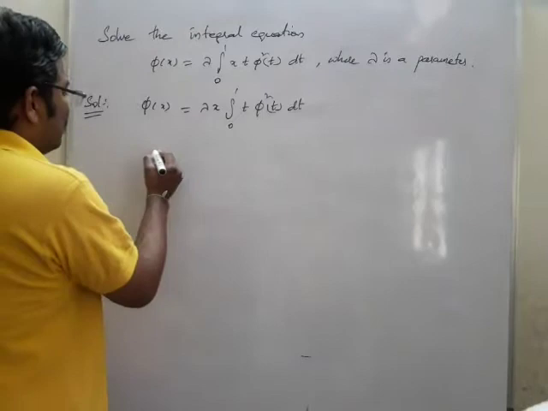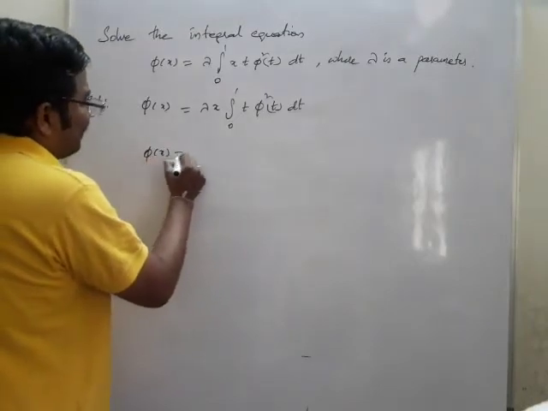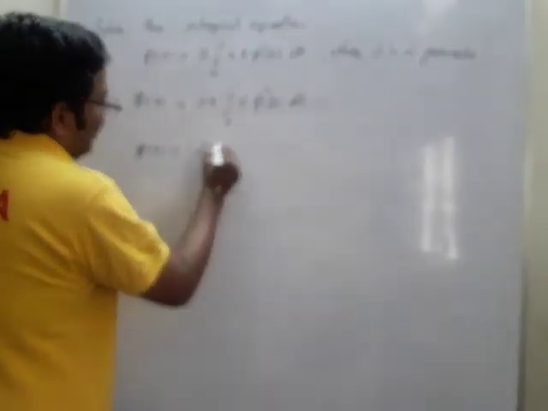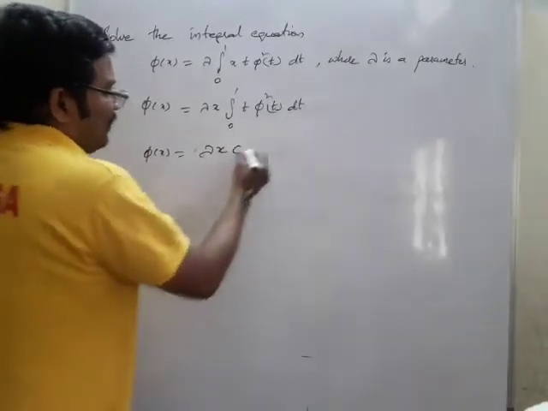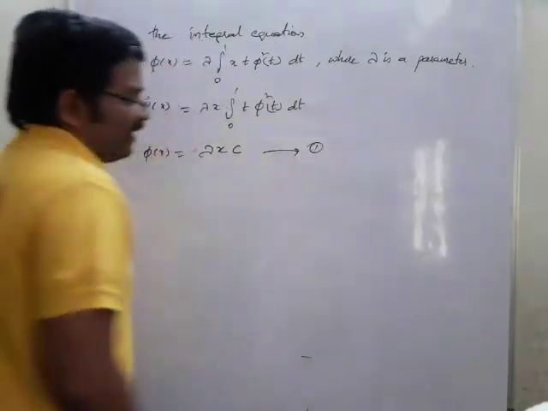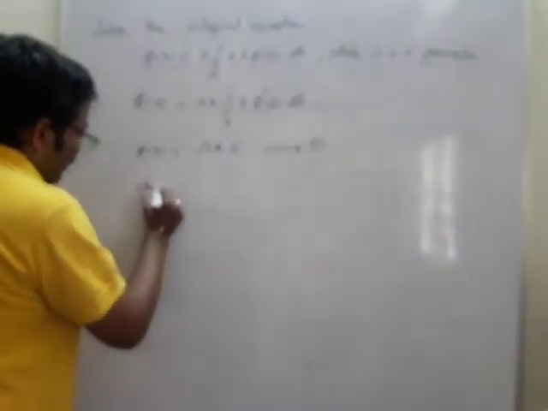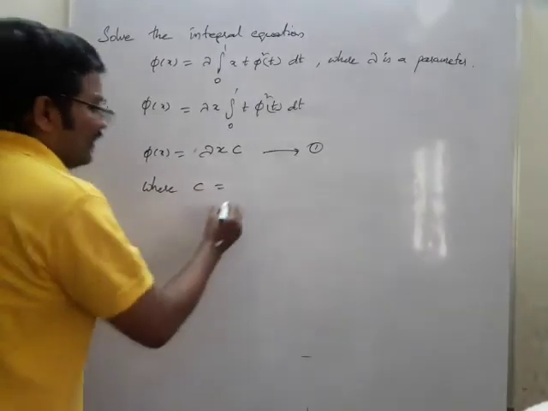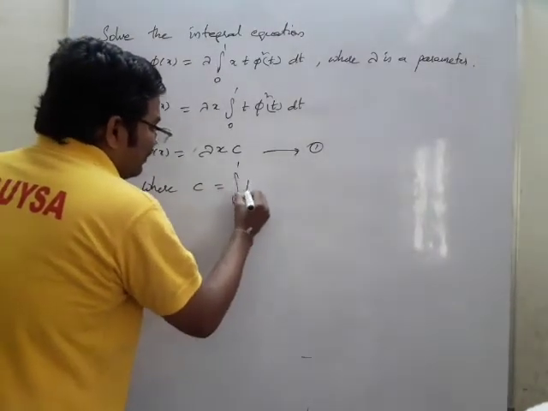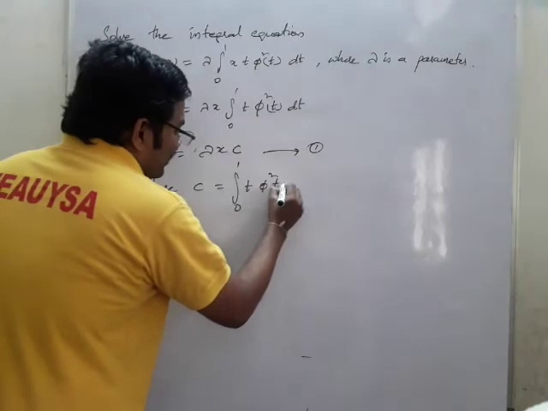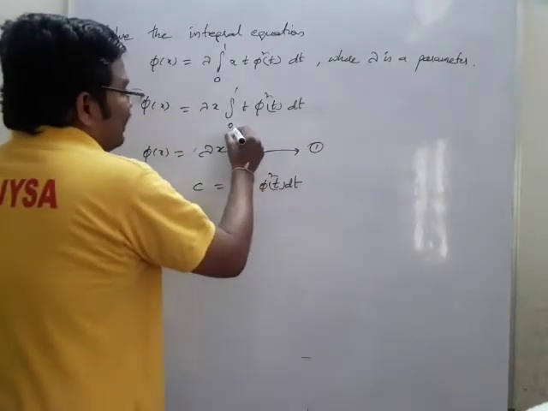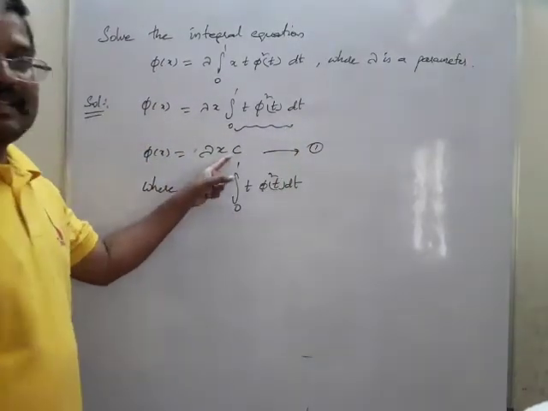Therefore phi of x is equal to lambda x c. Take this as equation number 1, where c is equal to integral 0 to 1 t phi square t dt. Now this entire term is changed to c.